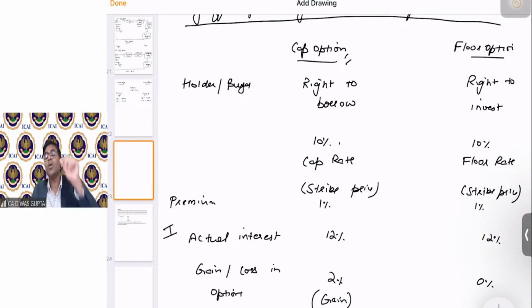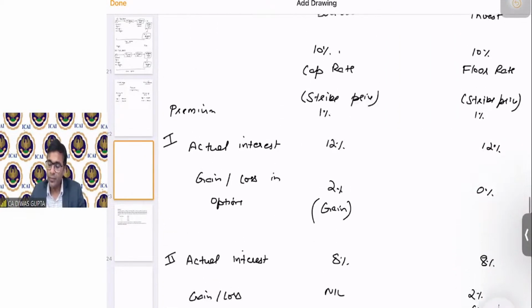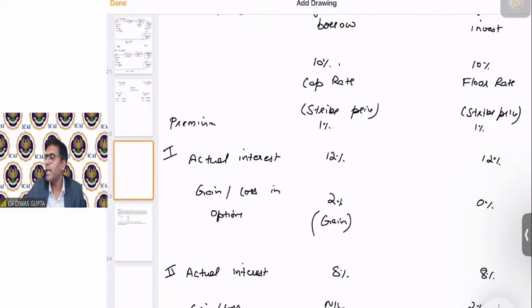So the net gain or loss will become 2 minus 1%. You're getting my point, students? So if you have to really calculate the net cash flow or inflow, then it becomes the 1%, which is minus the premium.